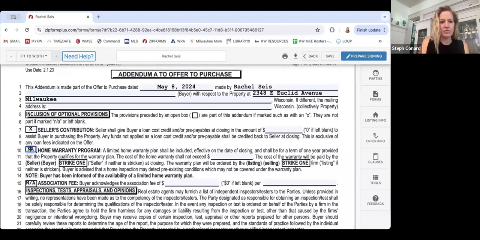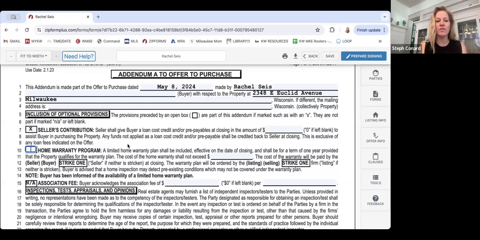I'm using an old version here. And just in practice, you would find out what the maximum amount of seller contributions is that a buyer can ask for from that lender. There is a cap on how much you can ask for in terms of closing cost credits, and you would have to get that information again from the lender.